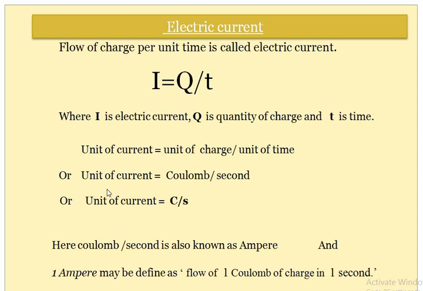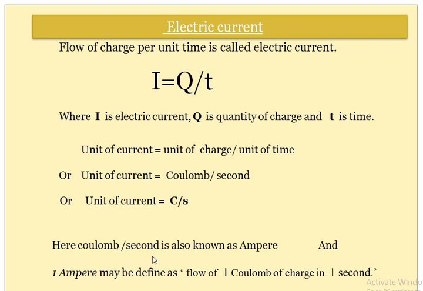Now, to get the unit of current, we can simply use the units of charge and time in this equation. So, the unit of current will be coulomb per second, which can be written as C/s.